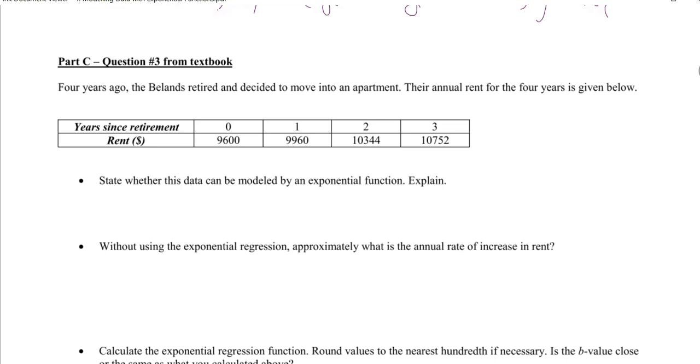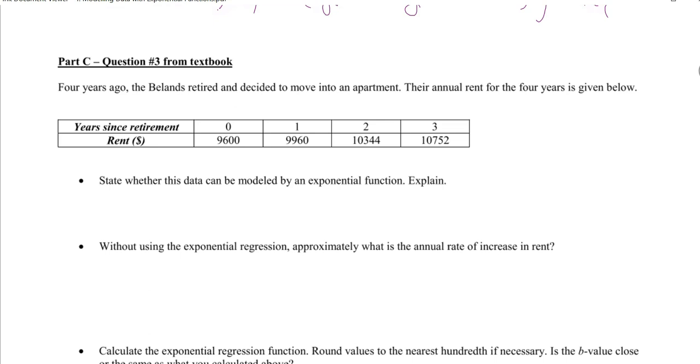Can we model this by an exponential function? Best answer is maybe. Here's the question: is it linear? Linear says to go from here to here, we're going up like $3,960, say $4,000. We're going up by 4,000 here, and maybe, but here, $360. We're not going up the same amount each year.